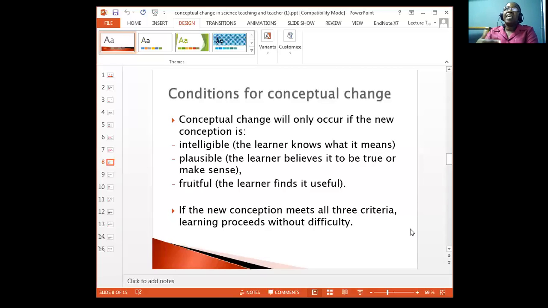Many times we may use very complicated terms that may put students off. We have to break it down to their level, while retaining the scientific jargon that is important, but still get them to understand. And make it plausible, believable, and help the student to see how this can be applied in their learning of biology, chemistry, physics, agricultural science, environmental science, geology, whatever the case may be.